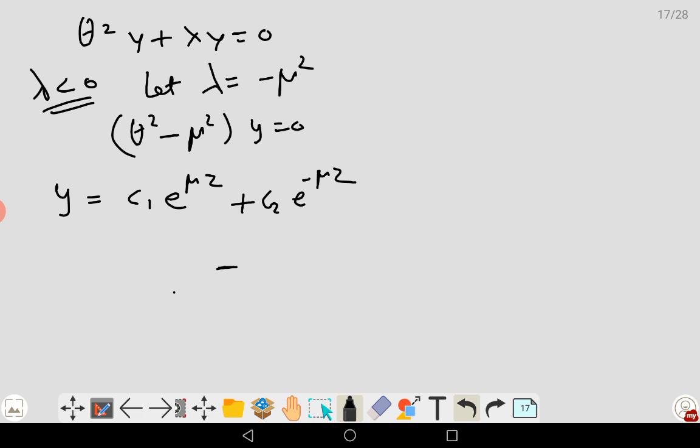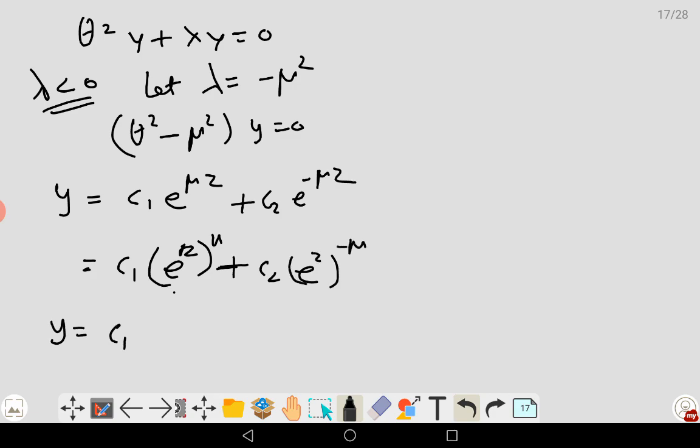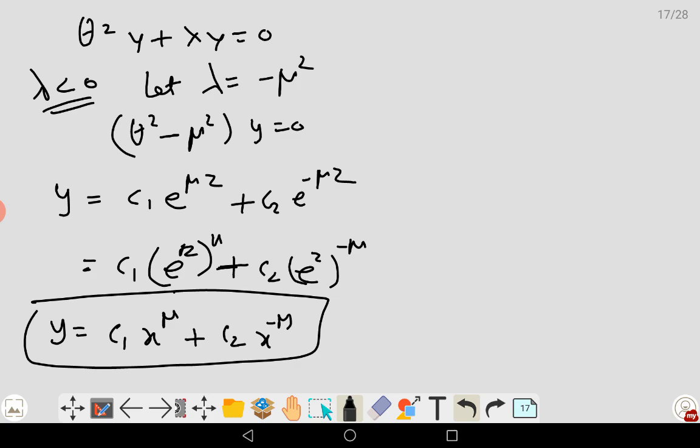But we know e power z is x. This can be further written as c1 (e power z) to the power mu plus c2 (e power z) to the power minus mu. So y is c1 into x power mu plus c2 into x power minus mu.